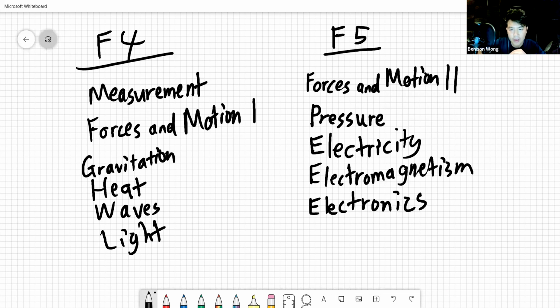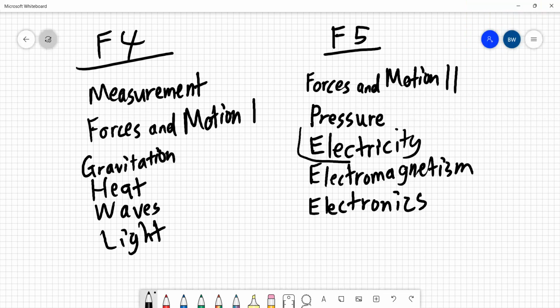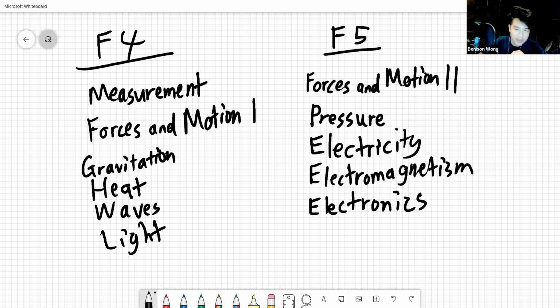It means that whatever you learn in electricity, you must remember for your electromagnetism.